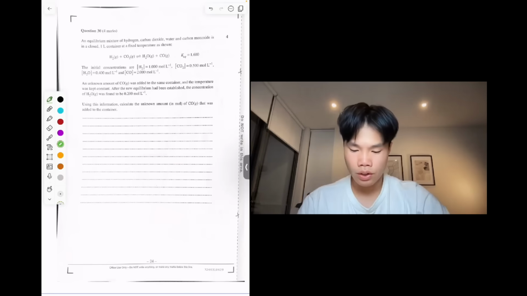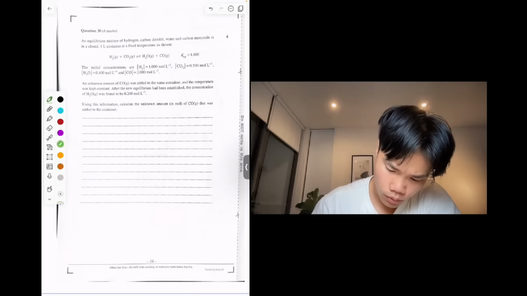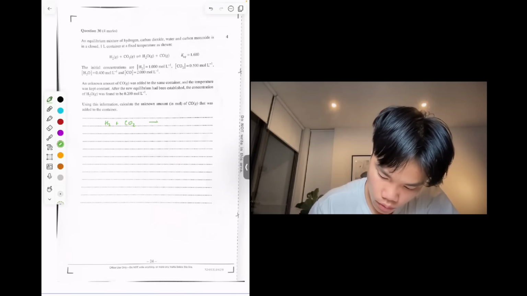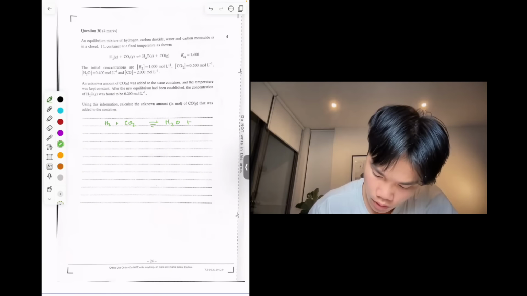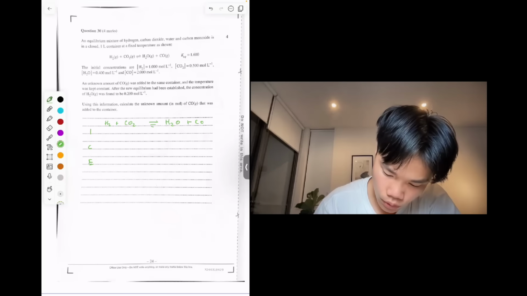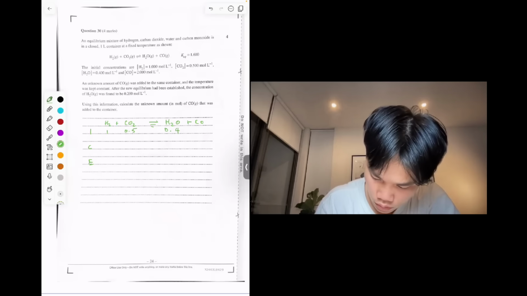All right, so essentially you're just going to need to do an ICE table and solve it. So we'll just do that. H2 plus CO2 goes to H2O plus CO. You have then ICE. Your initial concentrations are told to you as 1, 0.5, 0.4, and 2.